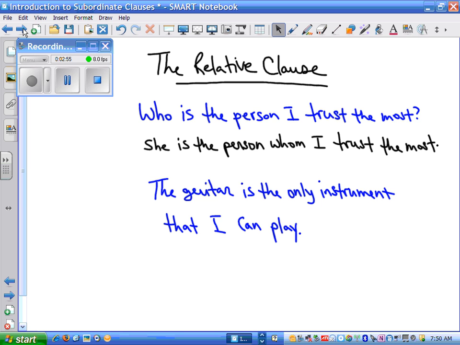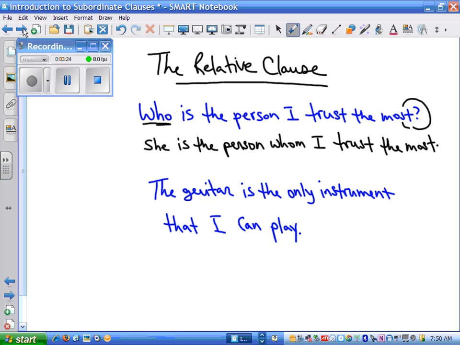So here, who is the person I trust the most? Well, it's pretty easy to determine that that's an interrogative pronoun, isn't it? At the end of the sentence, we have that question mark. It's being used to ask a question. It is not being used to start a clause.